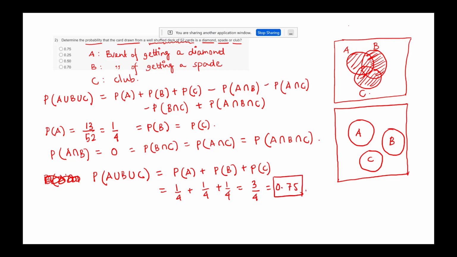So this is the general scenario, and this is our given problem.